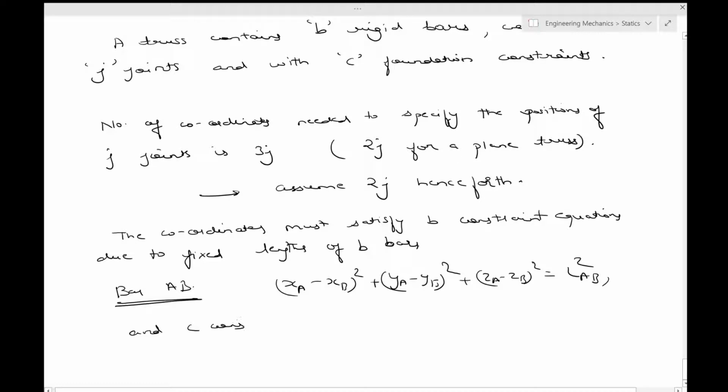So the coordinates of the joints are also the coordinates of the ends of the bar, hence they must satisfy first of all this, and for every bar you can write one equation. That's why it is said that you have b constraint equations.